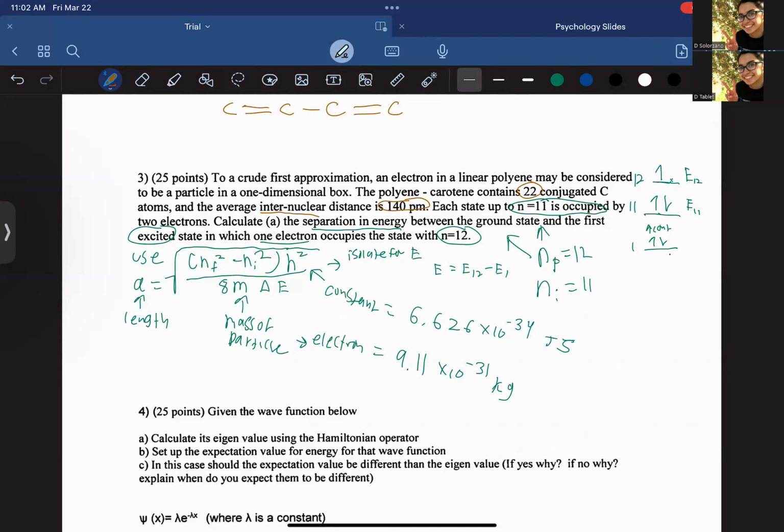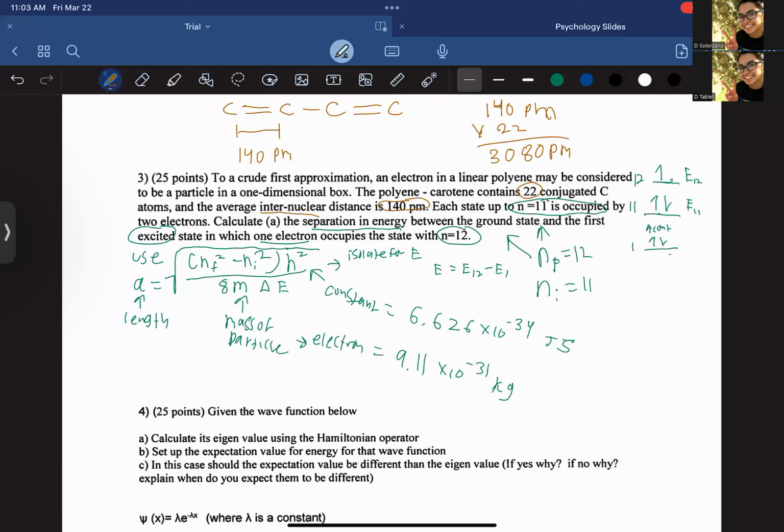And there should be 22 of those, and there should be 140 between the nuclei. So I think we're just going to do 140 times 22. Let's see what that gets us. That gets us 3080 pm.